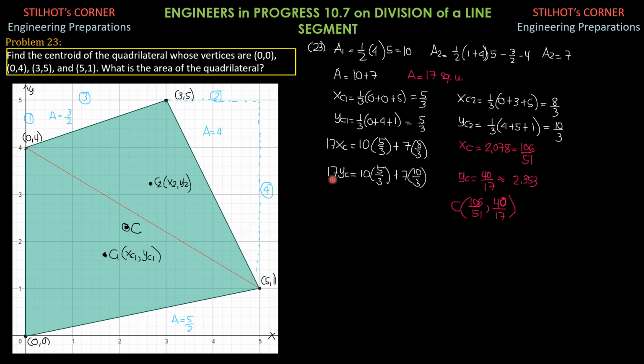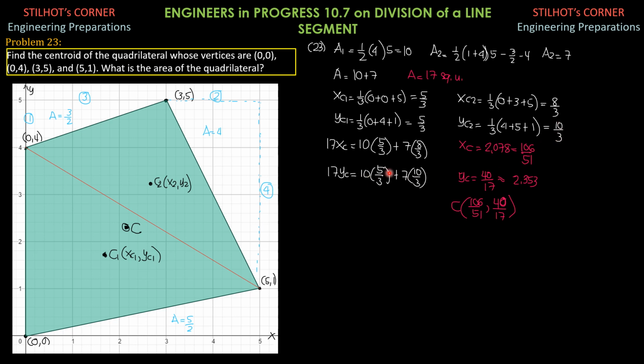Likewise, 17 times y sub c by Varignon's again equals area 1, 10, times y sub c1, 5/3, plus area 2, 7 square units, times y sub c2, 10/3.